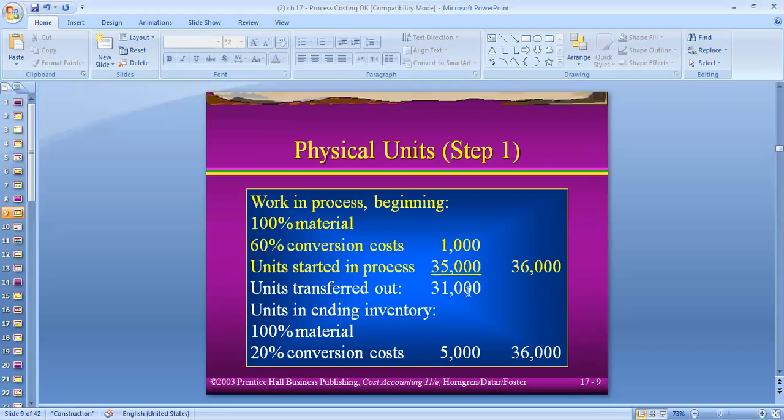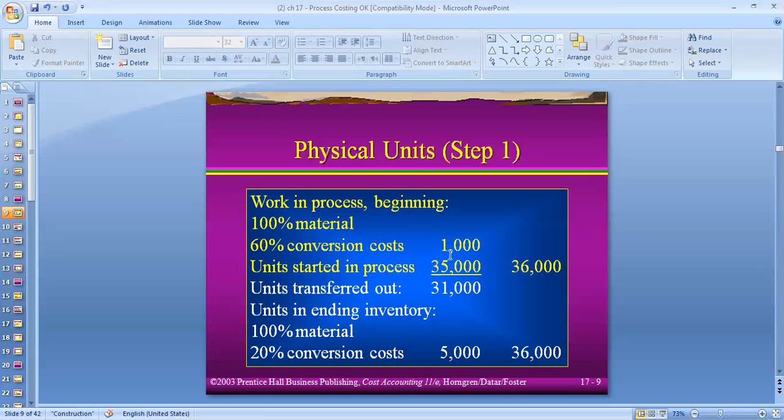Then I got 31,000 completed and 5,000 ending work in process. We didn't distinguish between the beginning work in process units and the new units. That's why the units transferred out are 31,000. Can you tell me if they include the 1,000 beginning work in process or all are from the 35,000, the new units? You can't say.